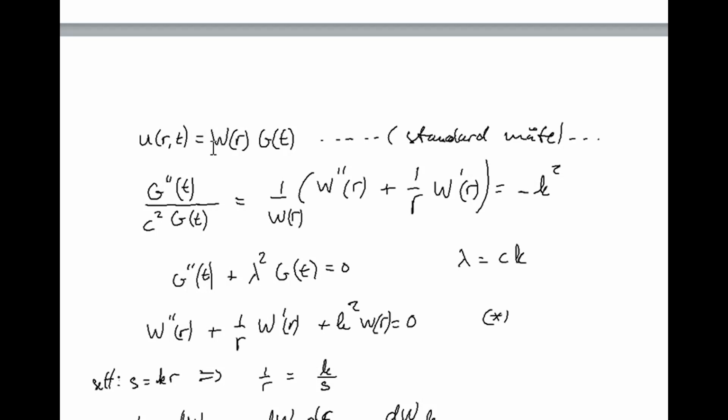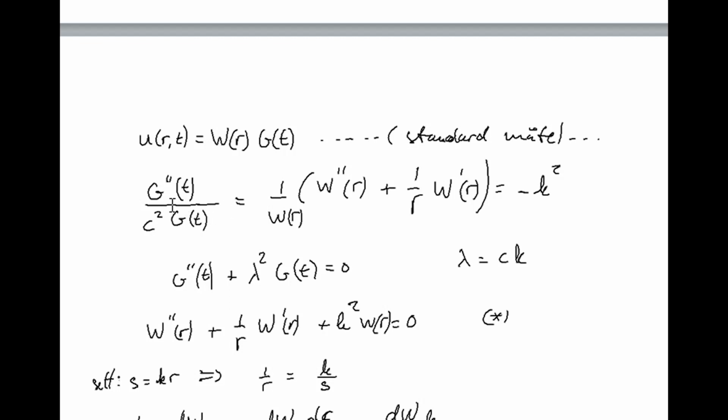We use the method of separation of variables. Since the solution is dependent on r and t only, we start with assuming that the solution is a product of two functions, one which is only a function of r and another which is only a function of t.